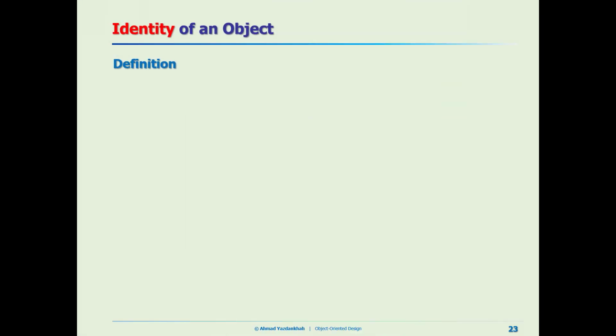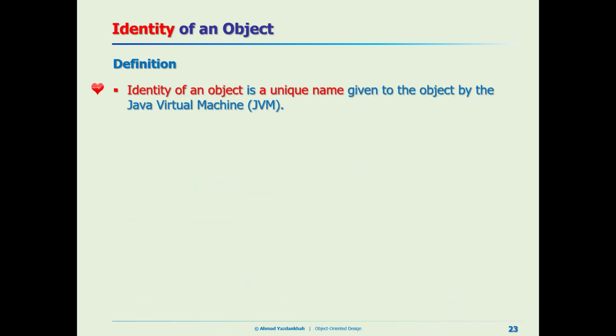Next is the identity. What is the identity of an object? It's a unique name that Java virtual machine gives to your object. What does it mean? So when you run your program, which is written in Java, a software called JVM will be run by your operating system, right?